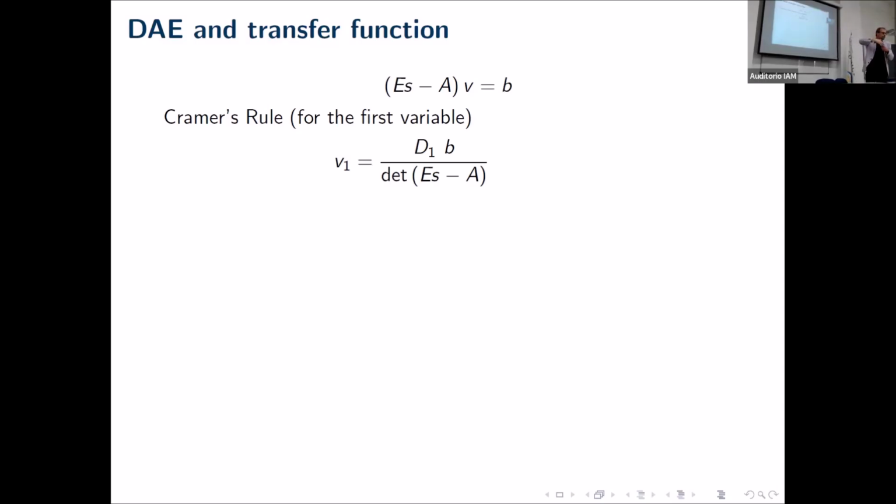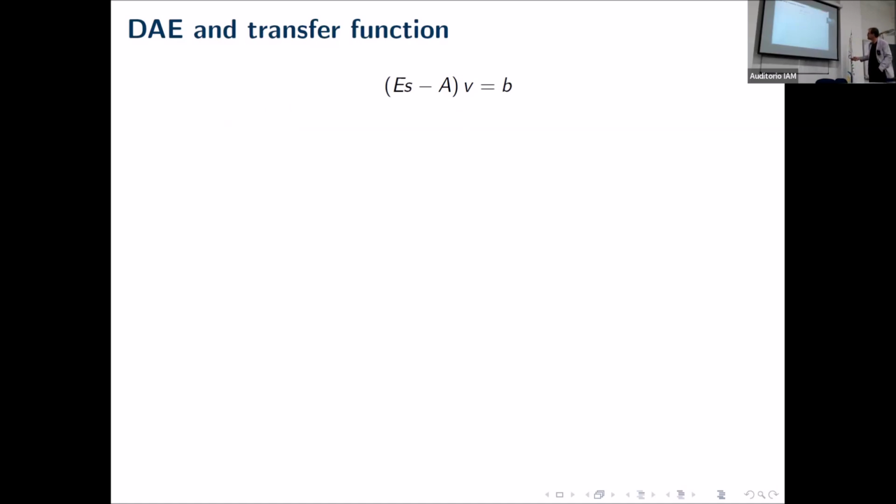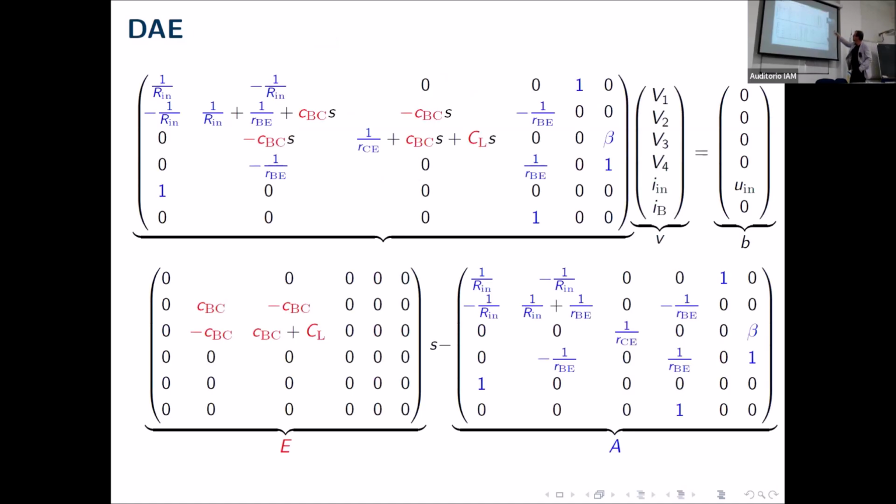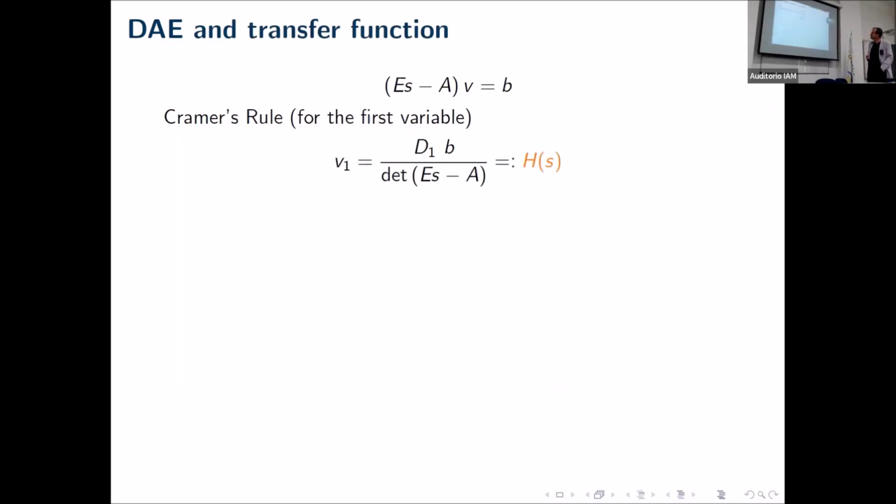This is what your circuit is giving to you. And this can be solved with Cramer's rule to solve for V1.